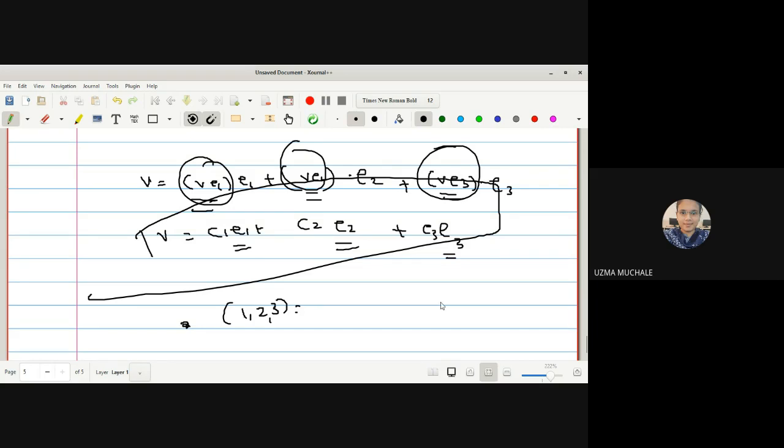So C1, C2, C3 are scalars, and then we can write them with the help of your basis. In the next lecture, we will prove the result that any tangent vector can be written with the help of these vectors from the frame, that is V(E1) E1, V(E2) E2, V(E3) E3.